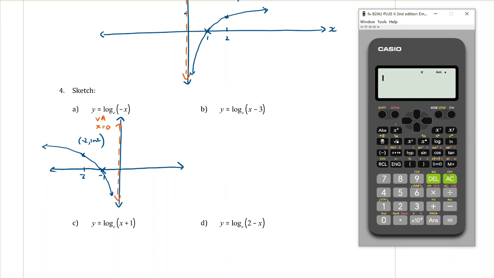B, we are doing log base e of x minus 3. What does that x minus 3 in the brackets do? Moves it how many places? 3 places to the right. Okay, because it's a -3, it moves it to the plus side. So that is moving our vertical asymptote.